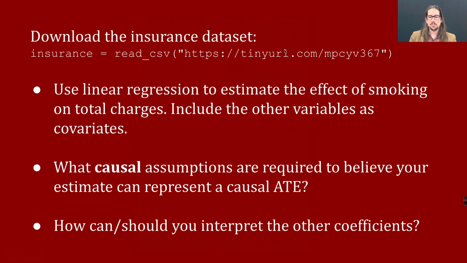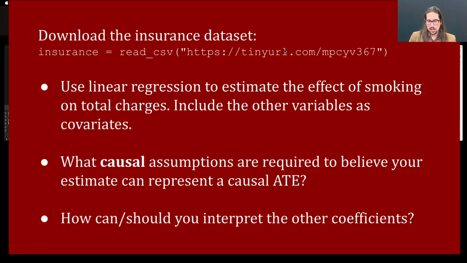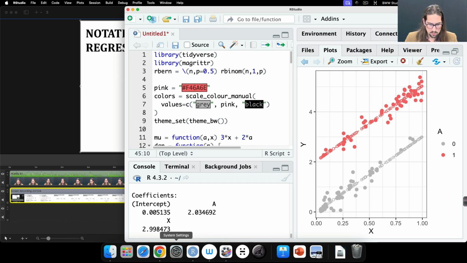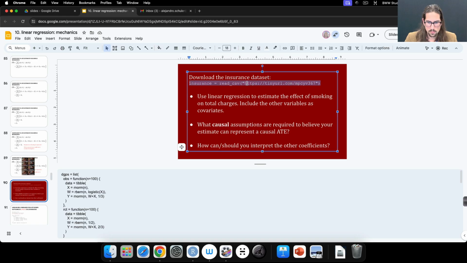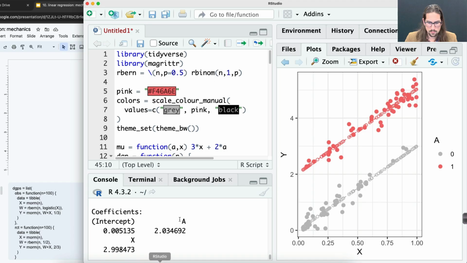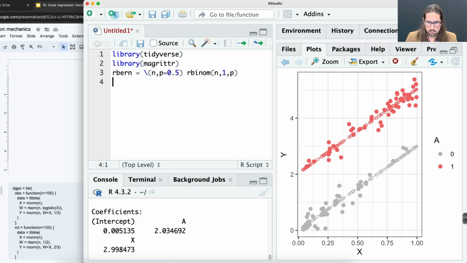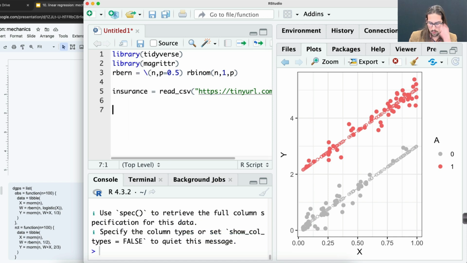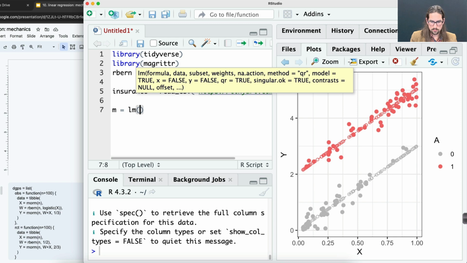Let's use linear regression to estimate the causal effect of smoking on total charges and include everything else as covariates. Let's go get this. Okay, so we have our data. So the first step is to fit our linear model. Oh, just include everything.